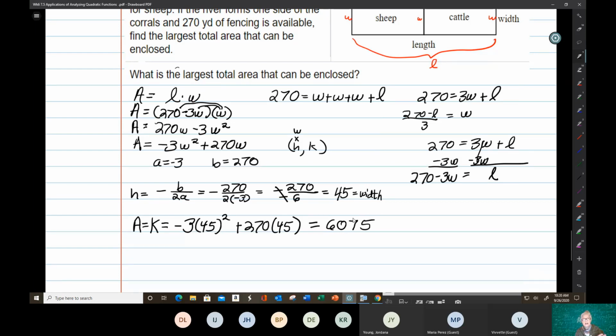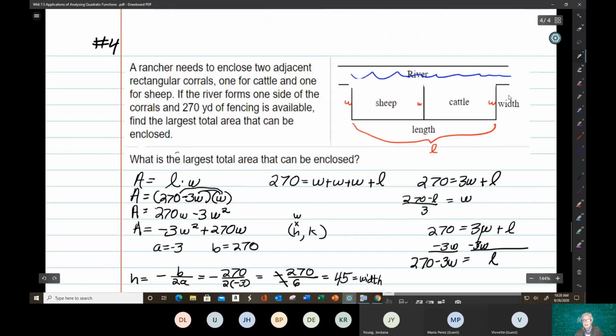You will get the maximum area, the biggest bang for your buck, if you prefer, by making each of these 45, 45, 45.